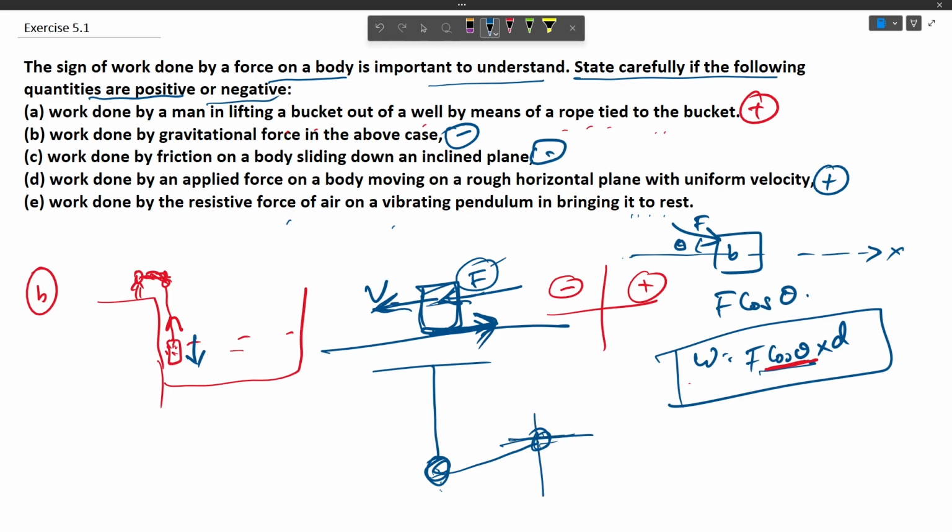Due to the friction force of air, the oscillation of the body is damped, so the frictional force is always acting in the opposite direction of velocity. That is why it is damping the velocity. So we will say that the work done by the resistive force is always going to be negative in this case, because it is making an angle of 180 degrees.